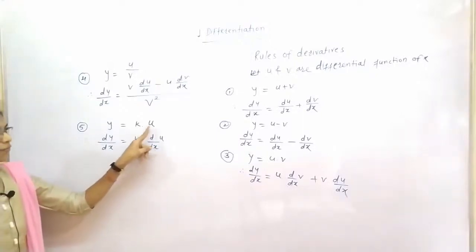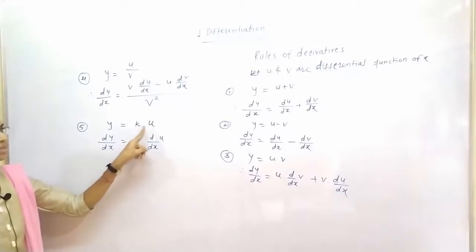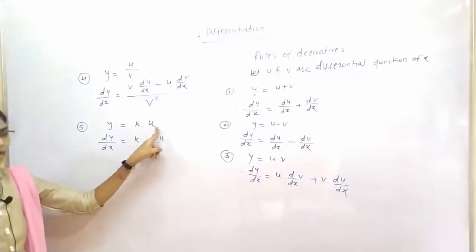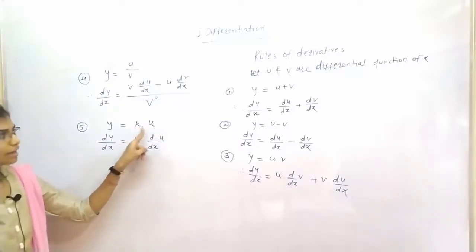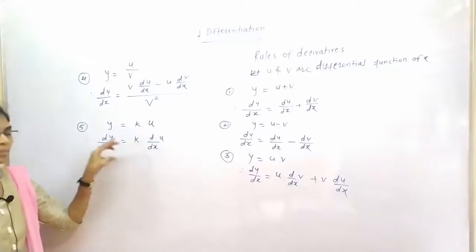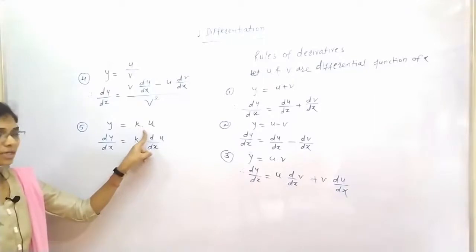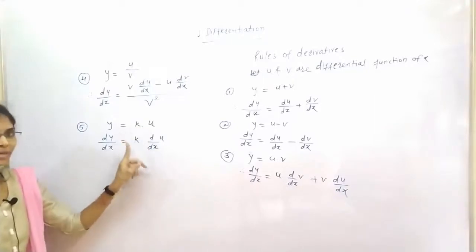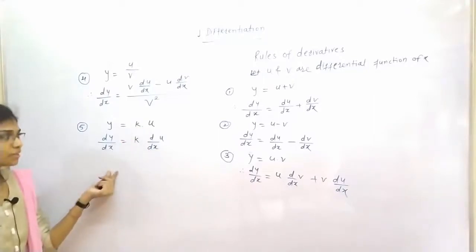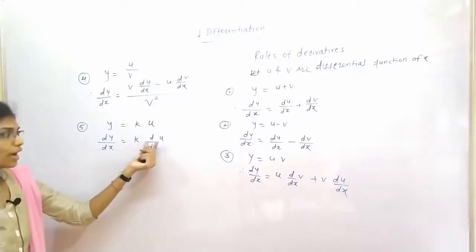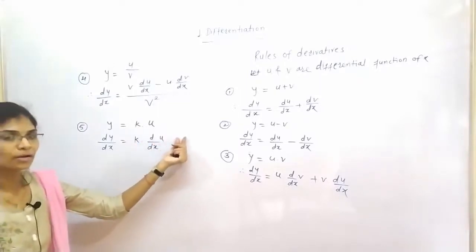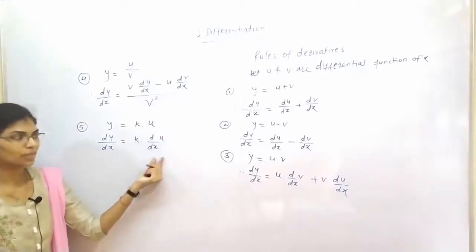Whenever a constant term is in multiplication with any function, we take the constant out of the derivative. Whenever it is in the form of a multiplication, only then do we take the constant k out of the derivative and take the derivative for the main function only.